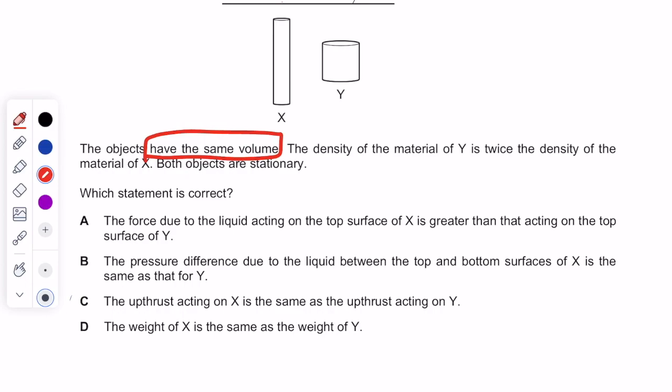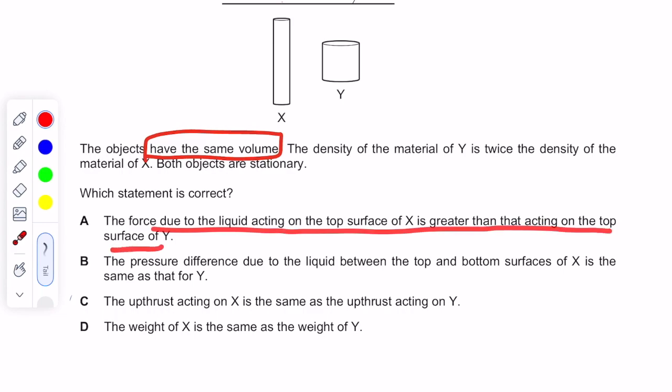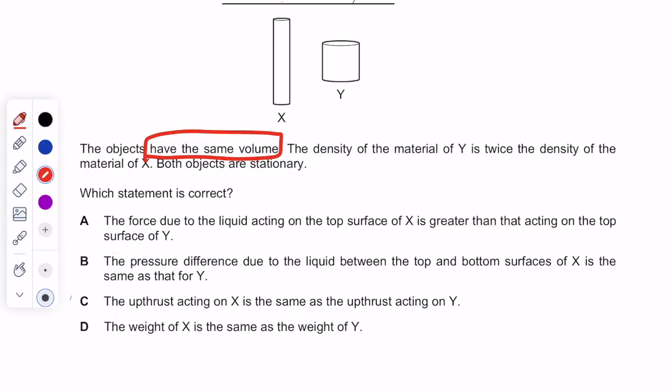Let's think about one by one. Let's focus on statement A first. The force due to liquid acting on the top surface of X is greater than the top surface of Y. Force is pressure times area. But pressure in a liquid is h rho g, times area.